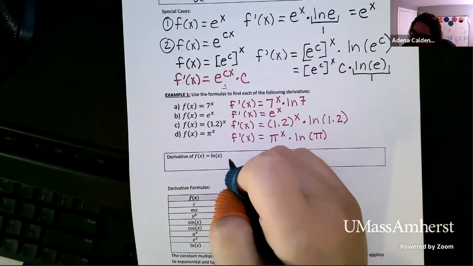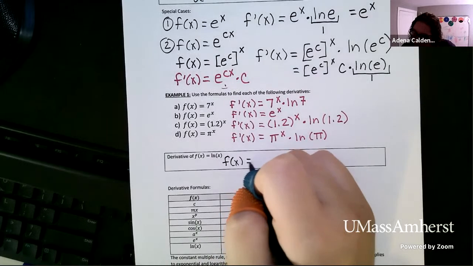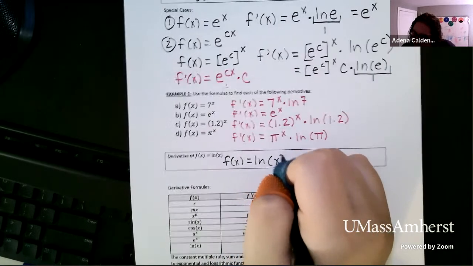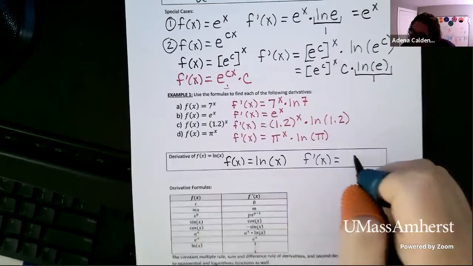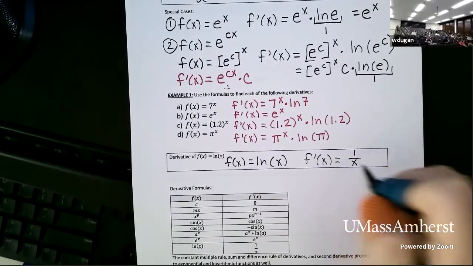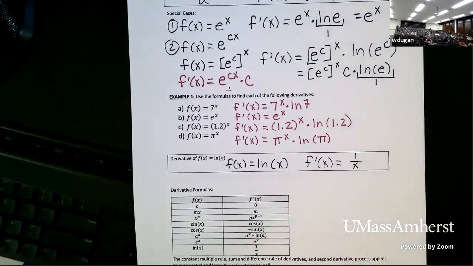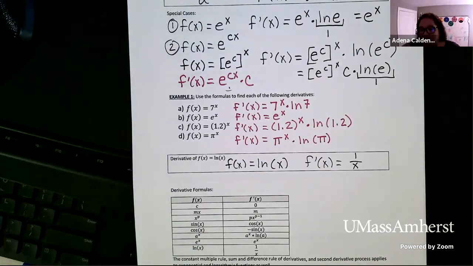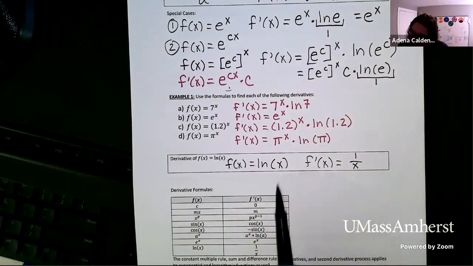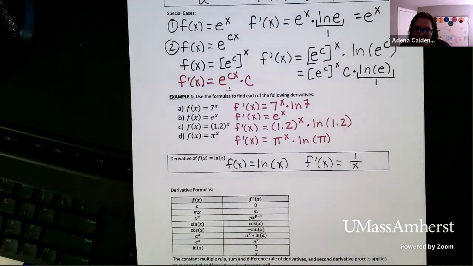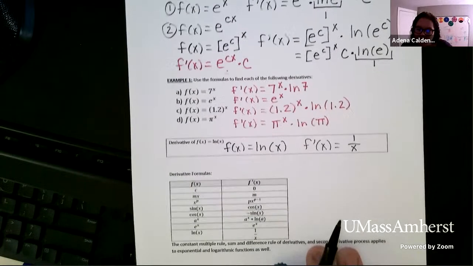And it turns out that if you have the function ln x, the derivative ends up being 1 over x, right? So 1 over x is just a function that, as x gets bigger and bigger, gets closer and closer to 0, but that's what the derivative is for ln of x. So we add that to our list.